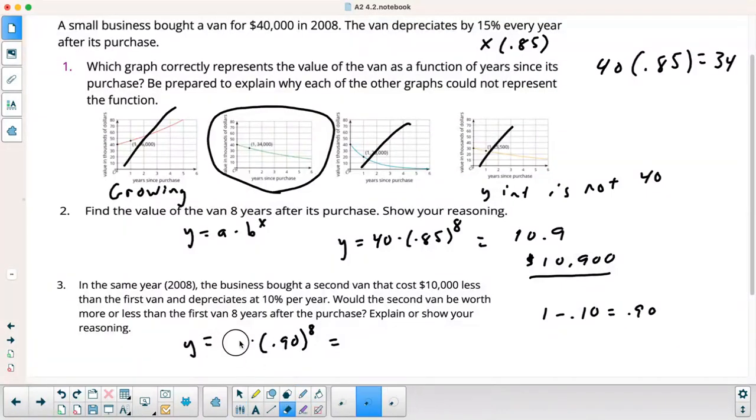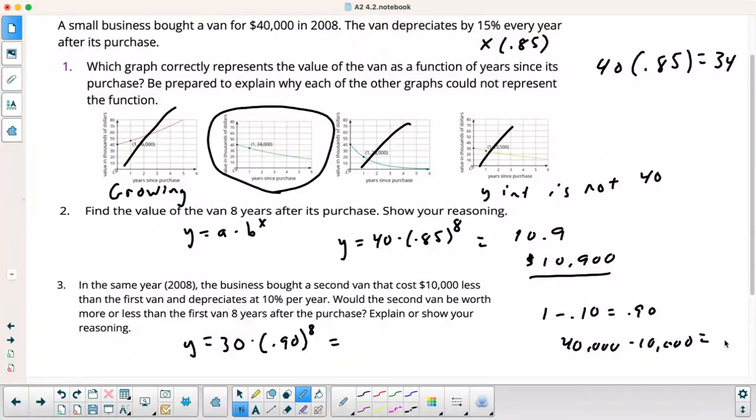Whoops. Caught that barely. The initial one was, so it's actually going to start out at 30,000, right? 10,000 less than the first van. So that'd be 40,000 minus 10,000. That's how I got the 30,000. All right. I knew that wasn't right because obviously if it was 10,000, it was already going to be less.